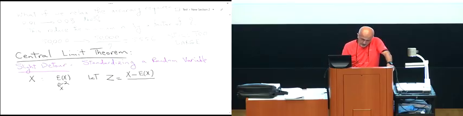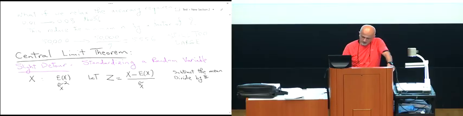And I divide by sigma x, I'm sorry, not sigma x squared, sigma x. So I subtract the mean and divide, these are the two things I do, and divide by the standard deviation.